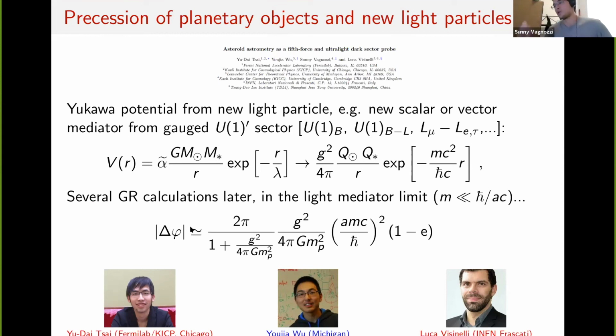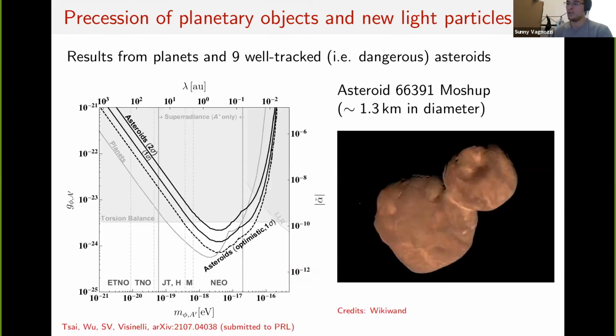Now, if we have objects for which this precession is very, very well measured, we can, of course, go and constrain the associated fifth force, the strength of the fifth force. So we did this in a recent paper using planets, the 9 planets of the solar system, actually 8, for which we measured their precession really well. And we took also 9 asteroids.